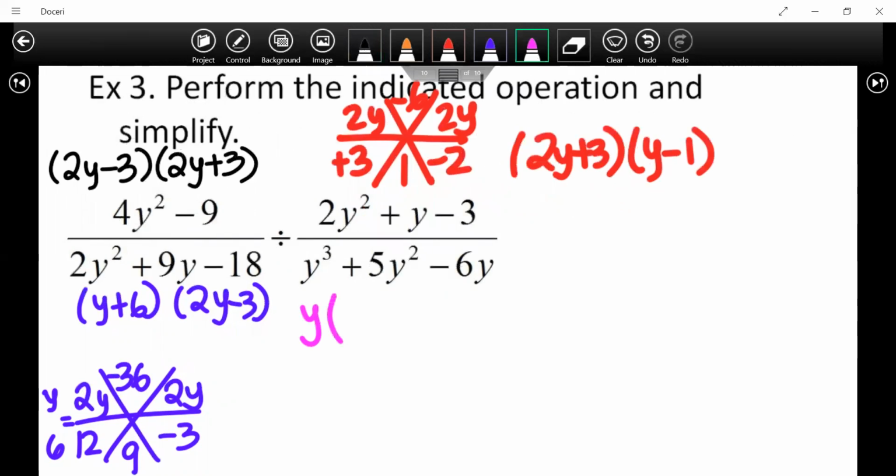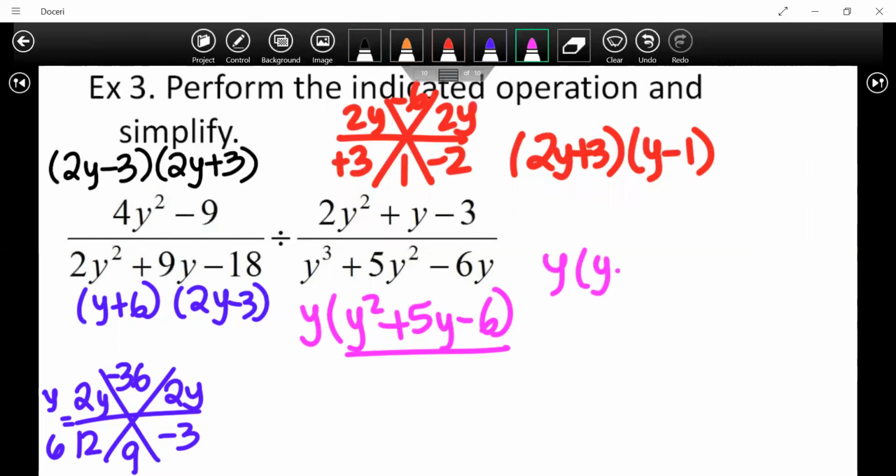We're going to pull out the y for our greatest common factor. Once you pull it out, I'm hoping you're able to see that we can factor this one more time, which becomes y, plus 6, y minus 1.